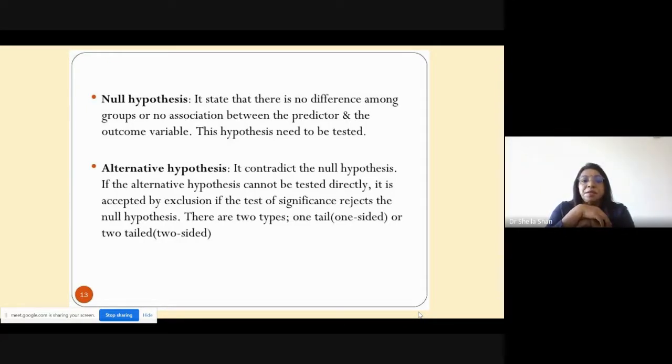In the null hypothesis, we are stating that there is no difference between the groups. If you are studying two groups, group A and group B, you are saying their means are the same. That is our null hypothesis. We always assume that there is no difference between the means, for example, and you want to test it.